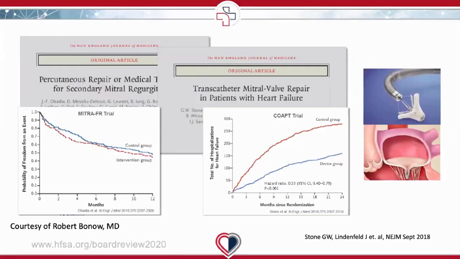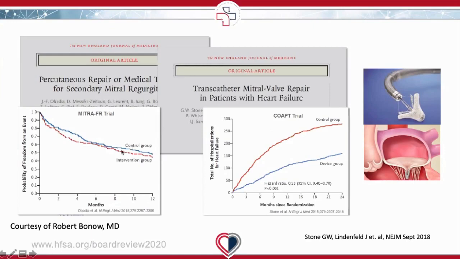So let's talk about the 2 trials that, on paper, still create equipoise when we're thinking about functional mitral regurgitation and what the right thing to do is for our patients. On the left is the MITRA-FR trial that was conducted in France, and on the right is the COAPT trial that was conducted in the United States and Canada.